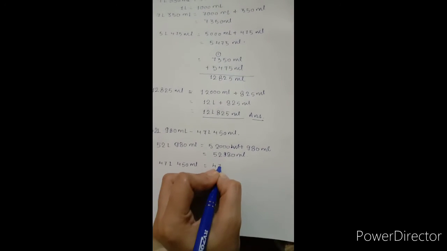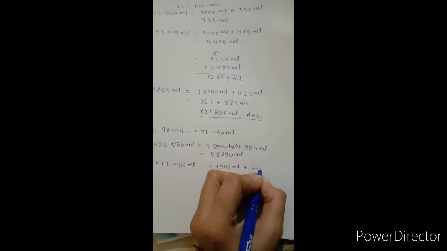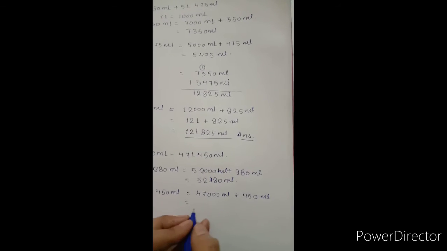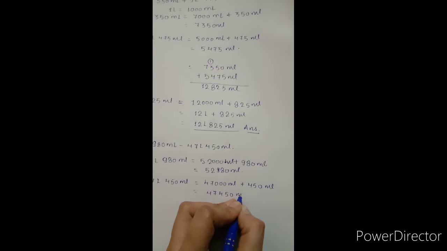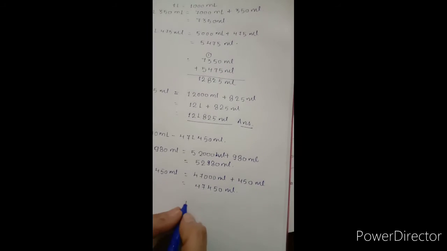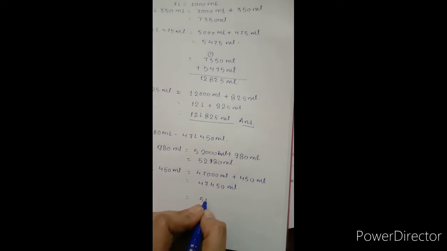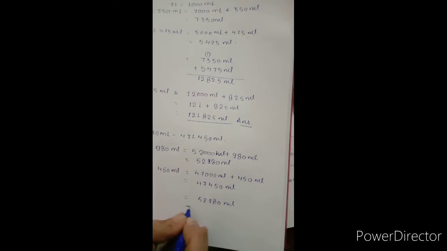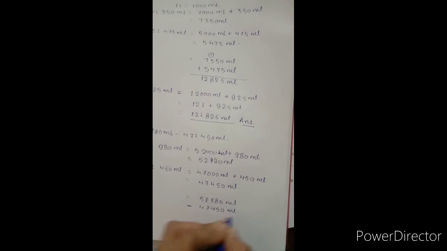It is 47,000 milliliter plus 450 milliliter. So we got the answer 47,450 milliliter. In this question we have to subtract. So let's subtract 52,980 milliliter minus 47,450 milliliter.